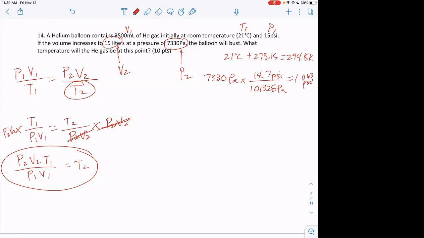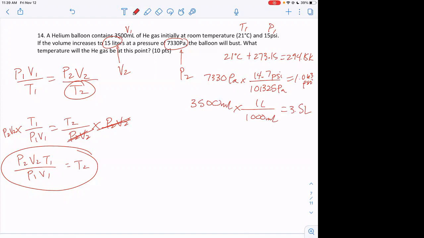Okay, and then lastly, I need to convert my milliliters, my V1. Whoops, I forgot my units. Milliliters, divide by 1,000 for every 1 liter, so it should have been 3.5 liters. All right, now that I've done all these conversions, I just plug it in.